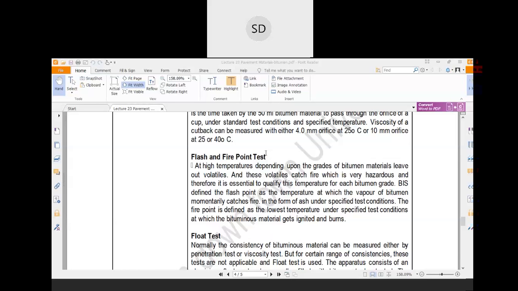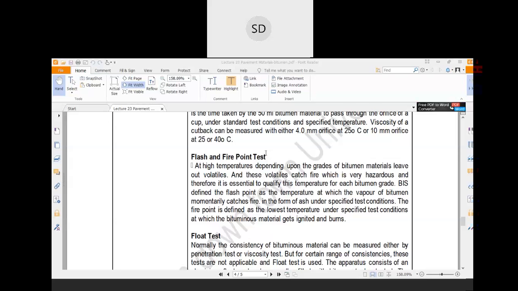So basically, flash point is the temperature at which, if you have some bitumen and it gets heated, it will evaporate some gas.